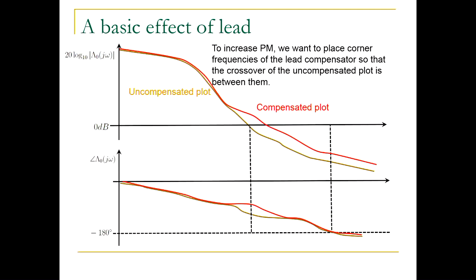Note that because of the lead gain characteristics, typically you would also move the crossover frequency. You will increase the crossover frequency for the compensated plot, and hence you would be reading out the phase margin at the new crossover, but still, if you do the design properly, you will still have enough lead, so you can improve phase margin by this design.